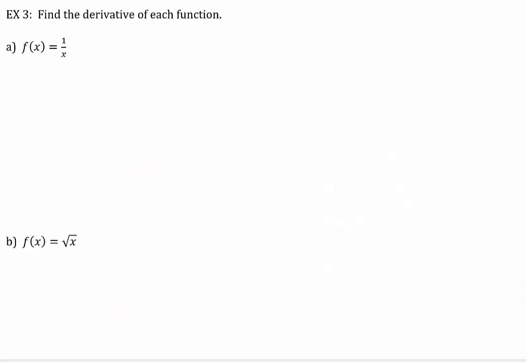Now earlier I said instantaneous rate of change is the exact same thing as finding the derivative. And you can actually express your derivative or your instantaneous rate of change as a function. In other words, you don't need to have a number to plug in for x. So if I want to find the derivative of a function, again, I'm finding an instantaneous rate of change, and I'm going to use that limit definition.